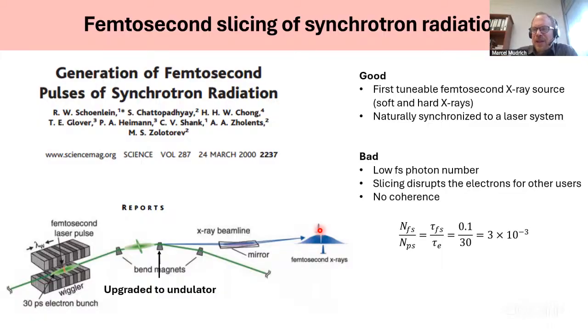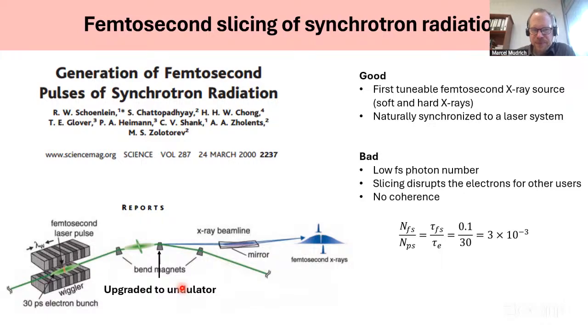But it is not really very fashionable anymore to produce femtosecond X-ray pulses in this way, because it has become obsolete since we have free electron lasers now, which also produce femtosecond X-ray pulses at much higher intensities and with many more degrees of freedom to control intensity, pulse duration, and so on.